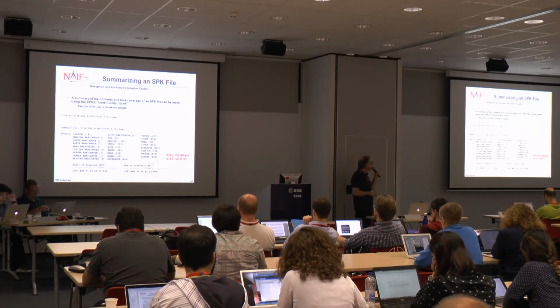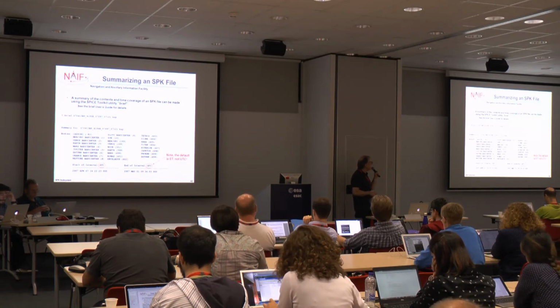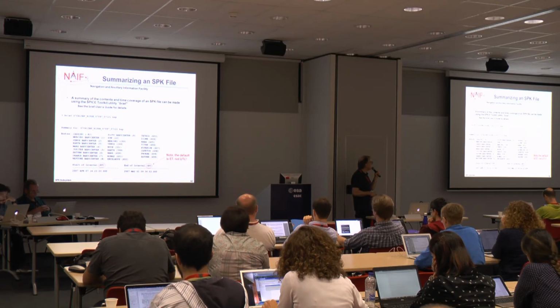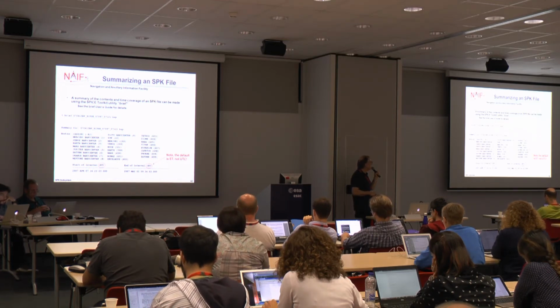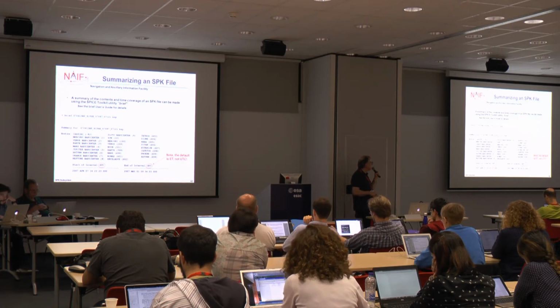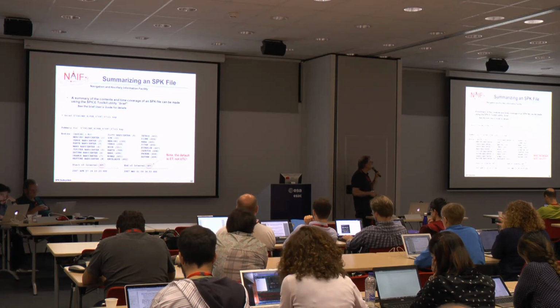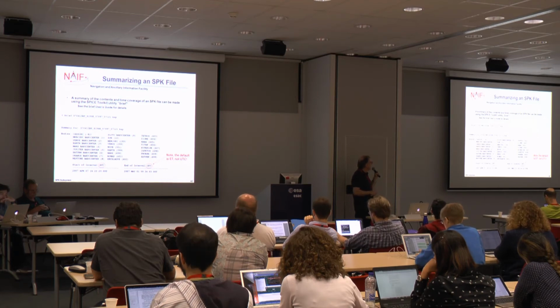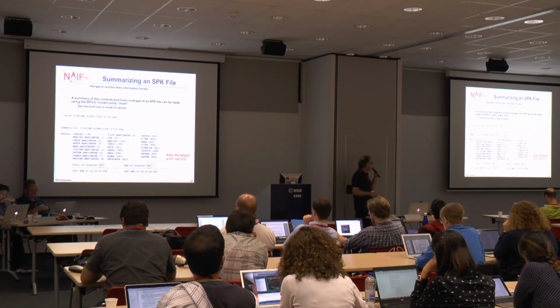Both these times are in ET, and since ET runs ahead of UTC, if you are looking for data at 2000 May 1st, 9:34:03 UTC, that time is actually later than the time that's in this file. By the time that UTC gets to this value, ET will be some later time. So you'll not have data. So pay attention to this.